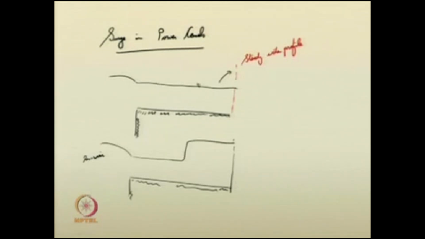We have clearly shown that there is a bed slope in the channel here. Theoretically speaking, a positive surge will move in this direction toward the reservoir. There is a slope here, whereas you may see that this part is quite horizontal.